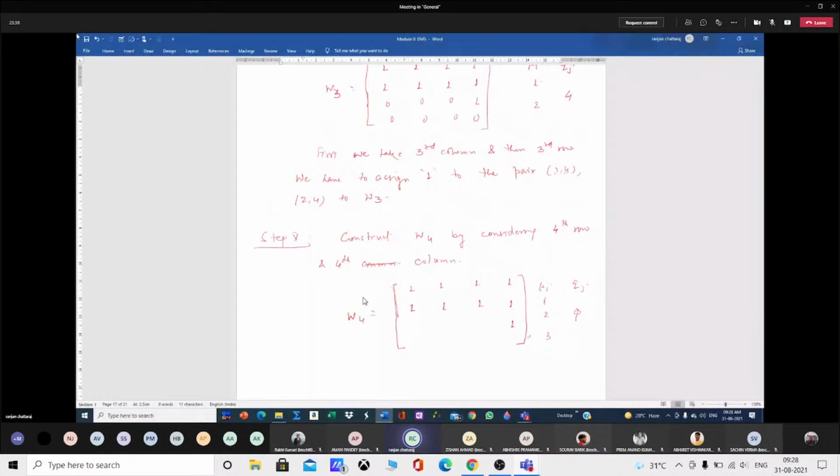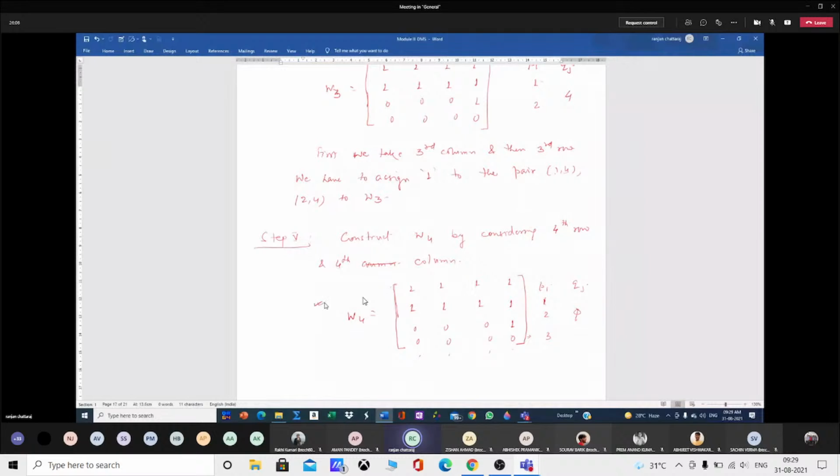That means now W4 will be how much? So it is 5. So no entry of Qj we have here. So all the entries are 0. So first we consider the first row first column, second row second column, third row third column, and fourth row fourth column, and ultimately we are getting this one.